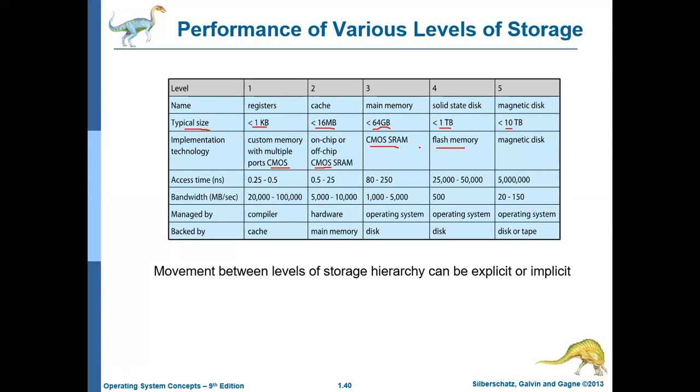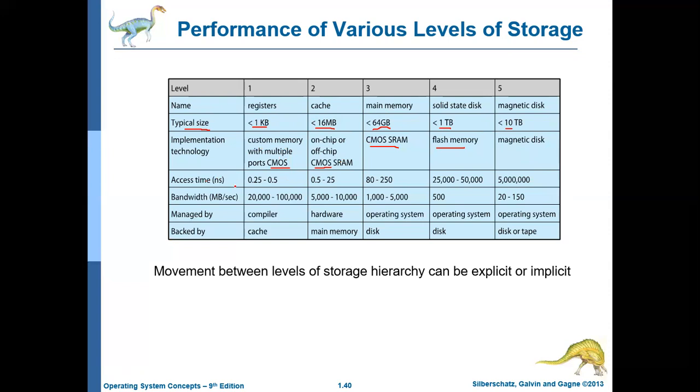Flash memory is similar to a pen drive, which is also made up of flash memory. Magnetic disks are coated with magnetic oxide. CMOS stands for complementary metal oxide semiconductor. So registers, main memory, and cache memory are all one or another form of CMOS technology.